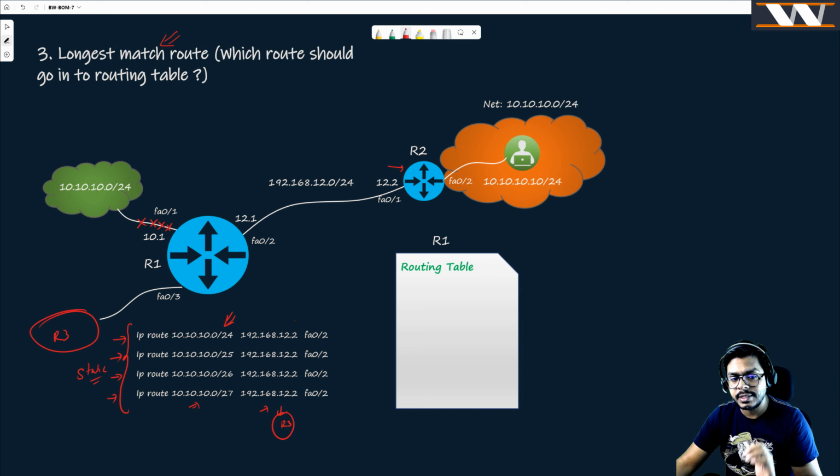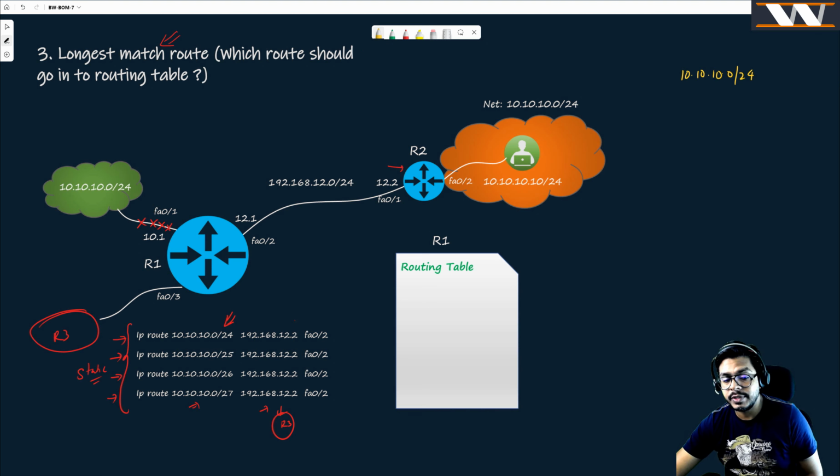But let's try to understand, first thing first, what these routes are saying, right? This is my first route, which is 10.10.10.0/24, which I am saying is reachable over FA0/2, and the next hop is 12.2, right? What is the meaning of it? The meaning of it is that it contains 128 hosts. Sorry, extremely sorry.